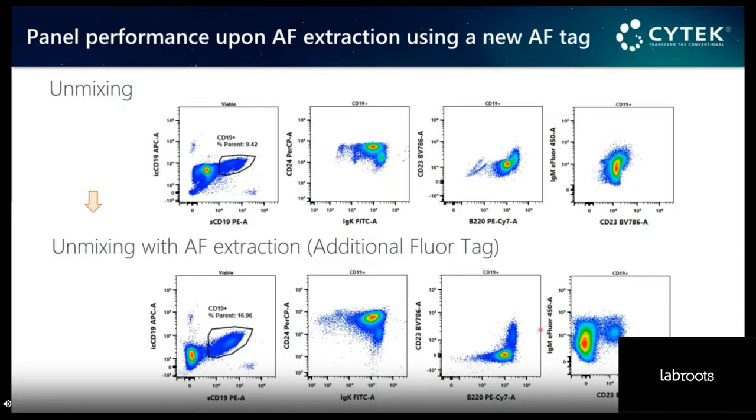And now for the other markers, I see now what's expected. CD23, for example, a subset out of the B220 population, and CD23 a subset out of the IgM positive population. These two subsets that were dim in intensity, that were really close to the negatives, were not identified initially when the autofluorescence was not extracted.